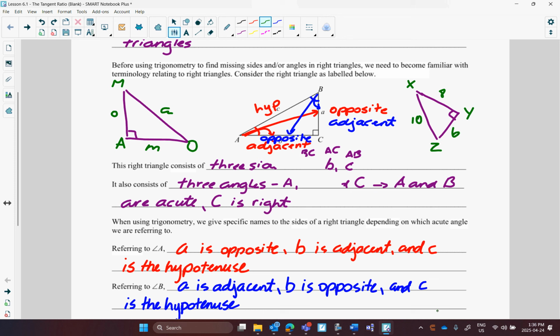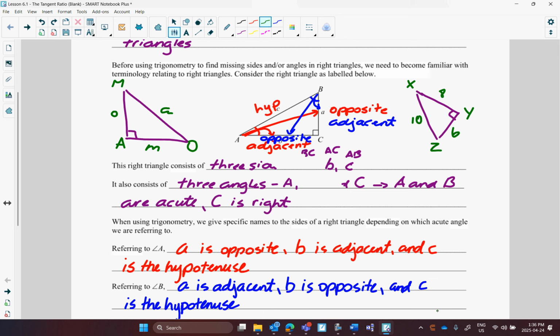What two numbers is that? 8, and then we would write over 10. So the ratio of the side opposite Z to the hypotenuse is 8 over 10. Okay? What is the ratio of the side opposite X to the side adjacent to X? 6 over 8. Excellent.